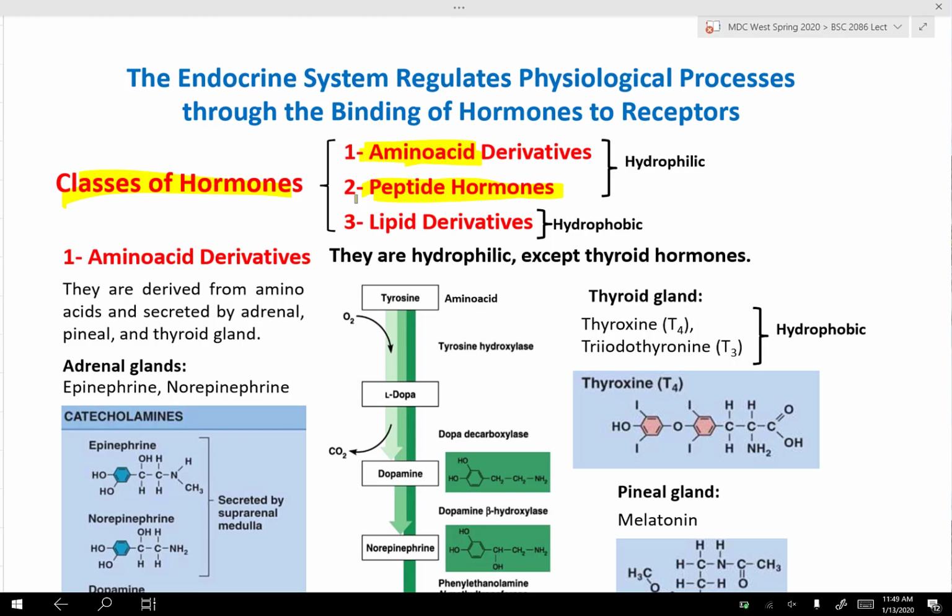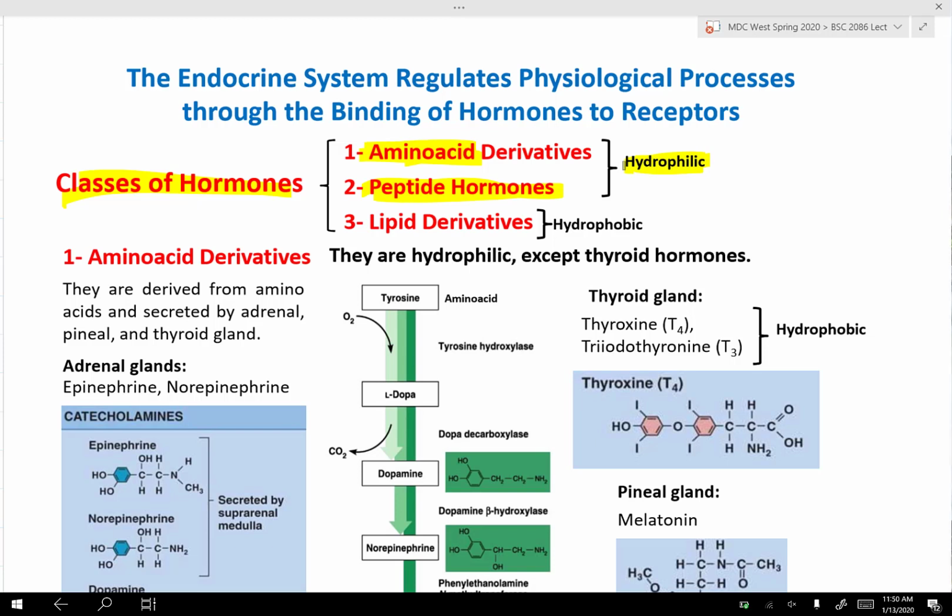How do you glue them together? Peptide bonds. Whether they say peptide bonds or amino acids, you know that comes from a protein, something that you ate that contains protein, correct? So these amino acid or peptide hormones are soluble in water. Are they hydrophilic? So they love the water, and they dissolve within water.